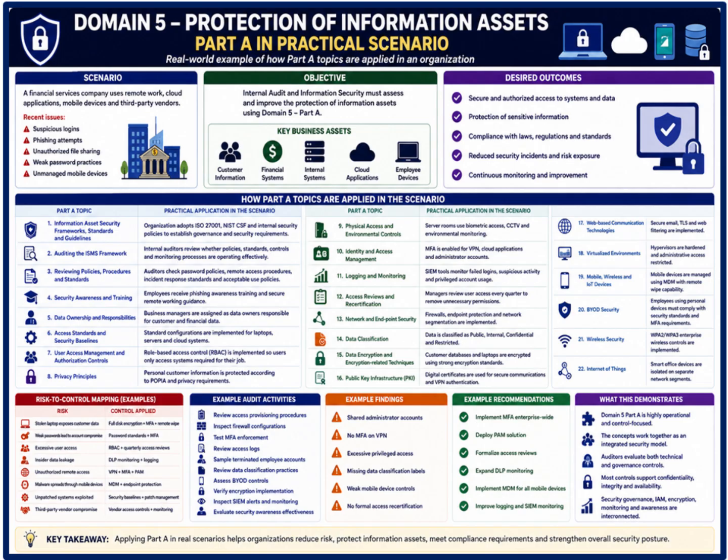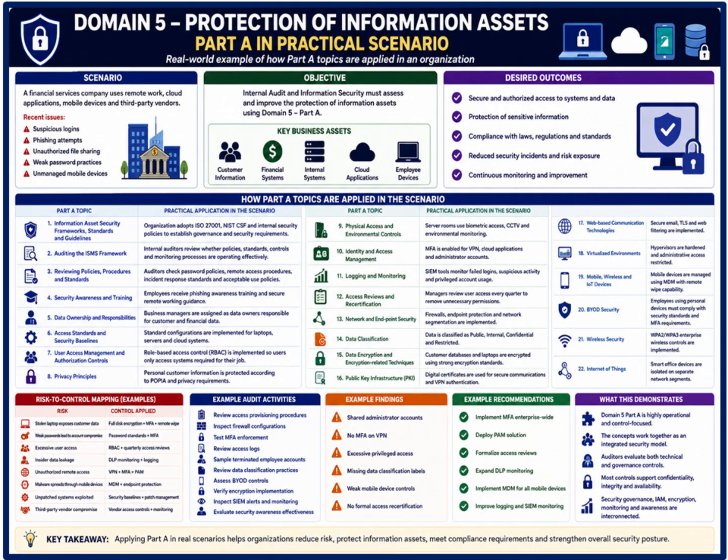The middle section of the slide demonstrates how each Part A topic applies directly to the scenario. The organization implements security frameworks and standards such as ISO 27001, NIST CSF, and internal policies to establish governance and security requirements. Internal auditors review whether policies, standards, monitoring processes, and controls are operating effectively.